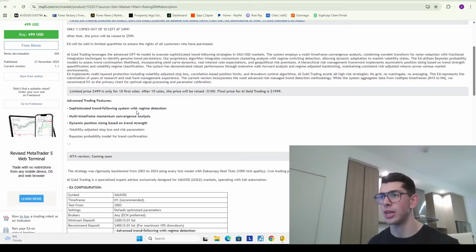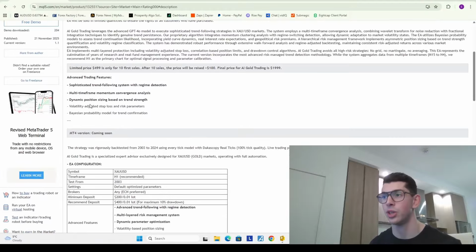What we can see is that he actually does speak to the style of strategy behind it. Apparently it's a sophisticated trend following system with regime detection. That makes sense to me, and that it uses a volatility adjusted stop loss and risk parameters. So most likely, seeing that this is a gold bot, it's probably trading some sort of breakout system on gold, and he's using an ATR or an ADR based stop loss, and that can actually be a super effective system.